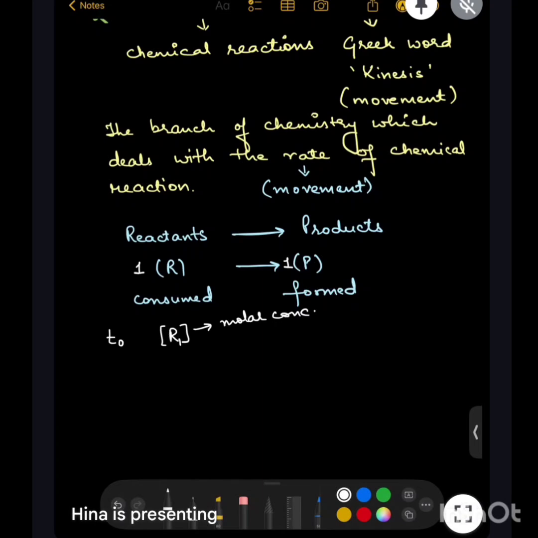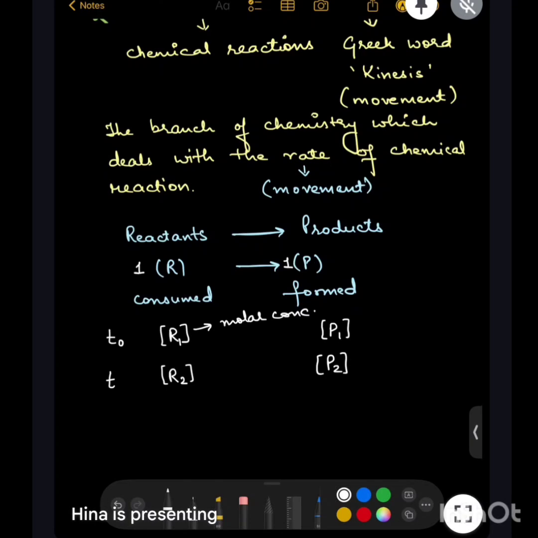Similarly, the concentration of the product is taken as P1. Now, after some time, the reaction will start happening and the concentration of the reactant will change. So does the product concentration. So we can assume the reactant concentration as R2, and for the products we can consider it as P2.